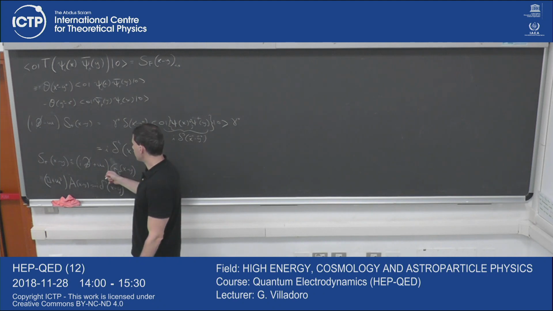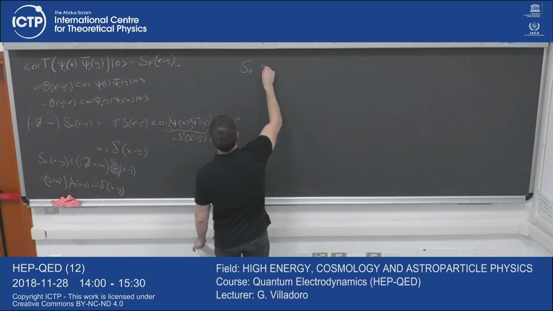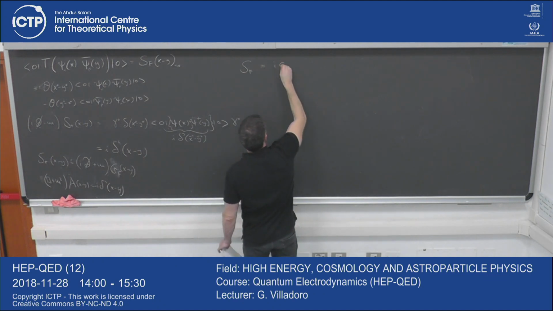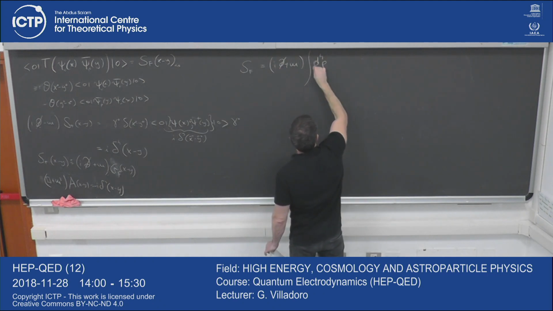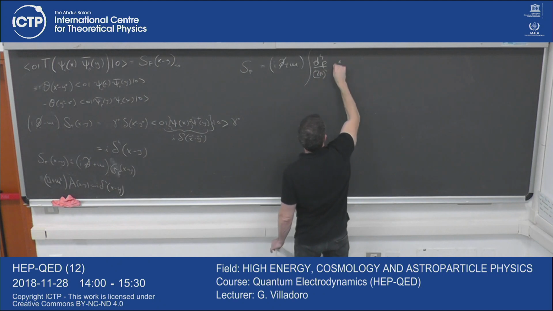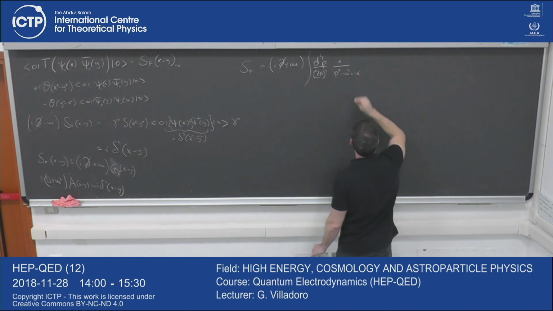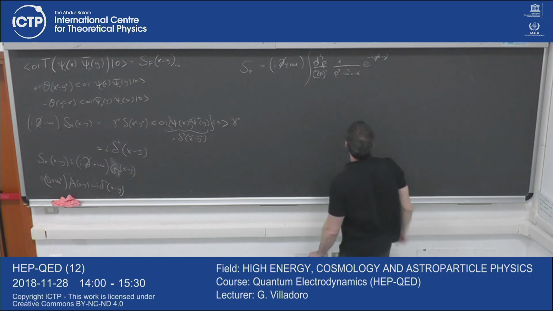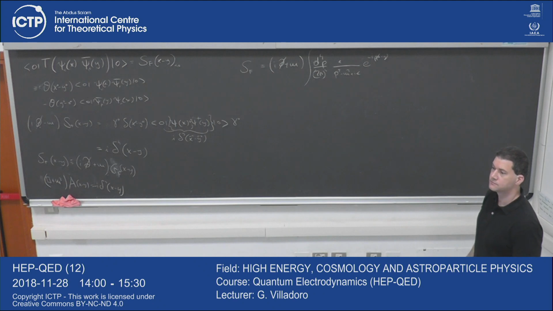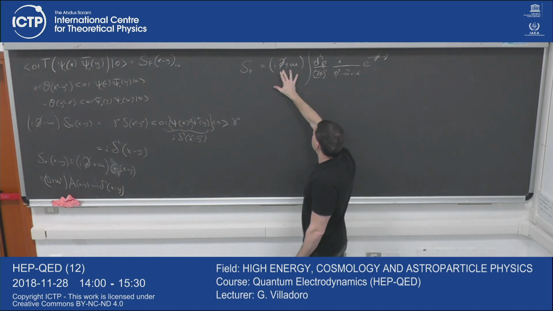So all we have to do is just multiply by i the slash plus m. So S_F is nothing else than i the slash plus m of the integral d^4p over (2 pi)^4, i over p squared minus m squared plus i epsilon, e to the minus i p (x minus y). So this was, remember, the Feynman propagator. And now we have to apply i the slash plus m.